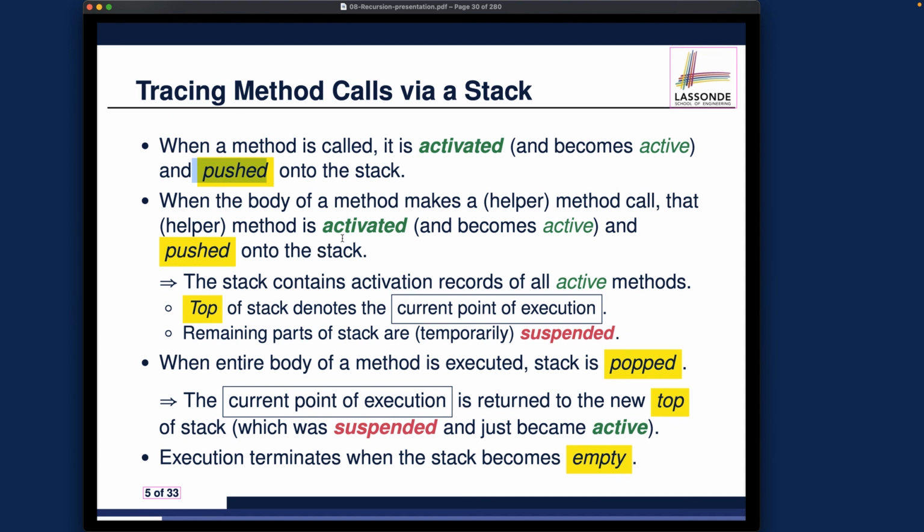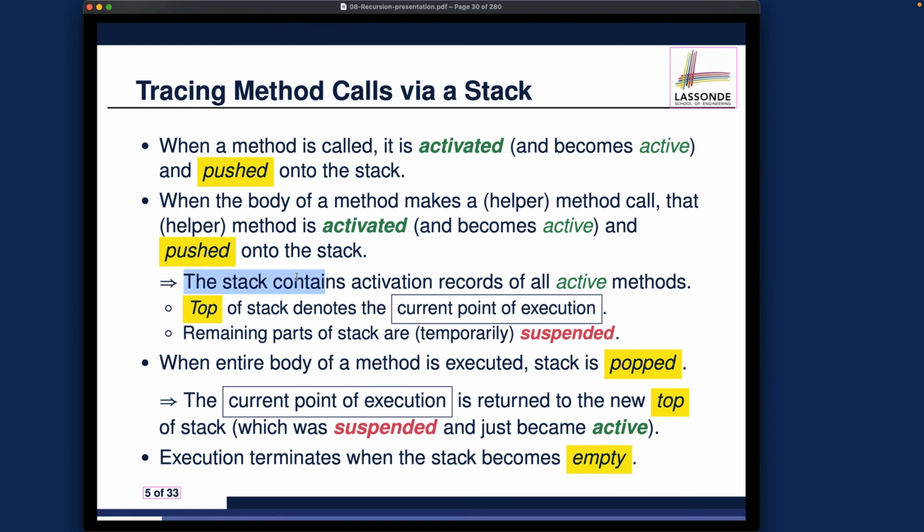And number two, every time the method itself tries to call another helper method, in this case it could be the method itself, which would be a recursive call, we have to activate that particular recursive call and then push that onto the top of the stack. So that means on the stack, you will actually see several instances of the same method being pushed onto the stack. That's something we'll see, right?